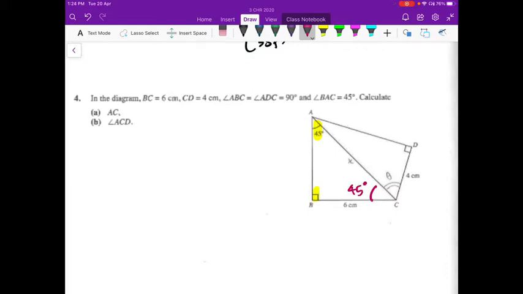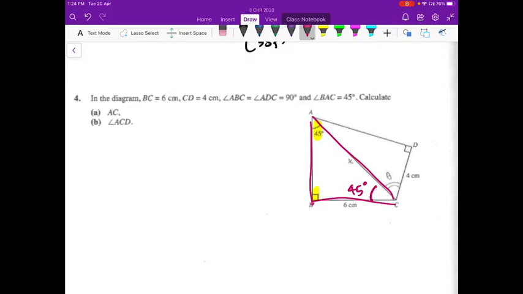So since these two are 45 degrees, Sarah, what type of triangle is this? What type of triangle is this if both of them are 45 degrees? What did she say? Isosceles, okay.